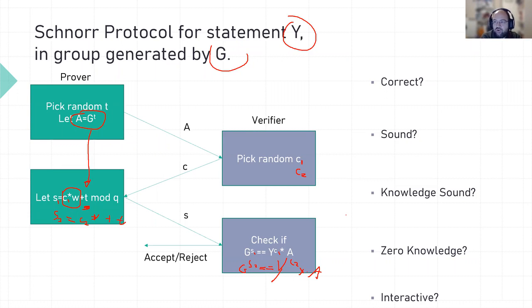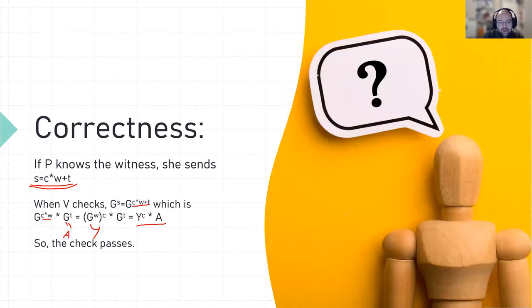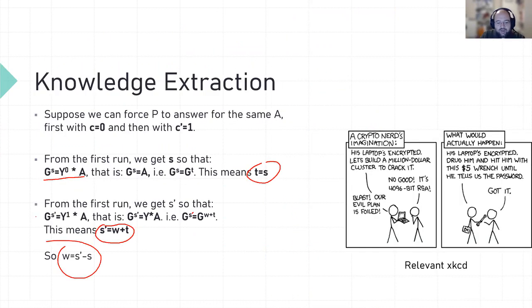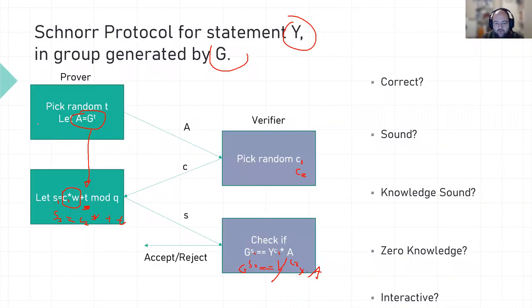And this protocol would now be insecure in that it would enable anyone to carry out essentially this calculation here, or the modified version of this calculation, and extract the witness. So this protocol would be secure in the way that people could not cheat, but it would not be zero knowledge because it would actually be leaking the witness.